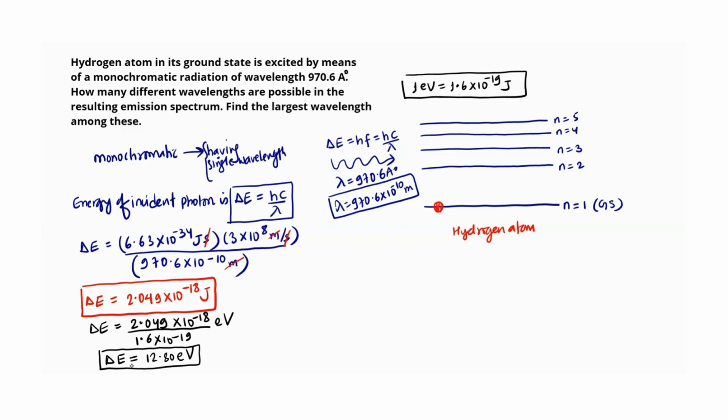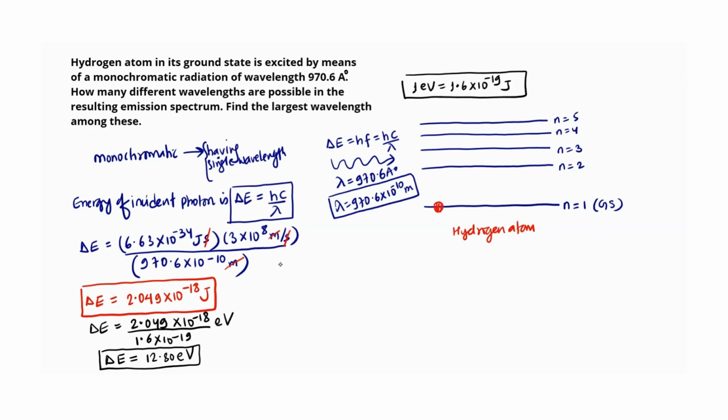Now what we need to find is the energy of the excited state. We know the hydrogen atom is excited to a higher state, and we need to find the principal quantum number corresponding to the final excited state, and the energy corresponding to the final excited state.